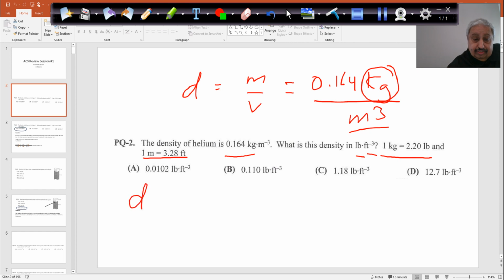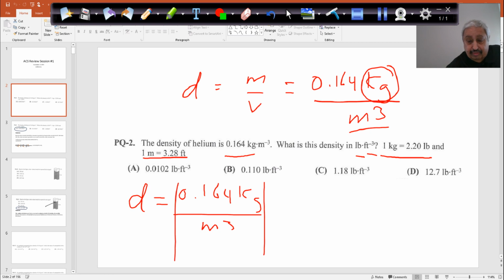So density is, let's say, 0.164 kilogram per meter cube. We'll do one at a time. You can make it tables or make it parentheses. We can make it a table here with columns. So I need to get rid of the kilogram and get the pound there. So the kilogram will come here and the pound will come up.